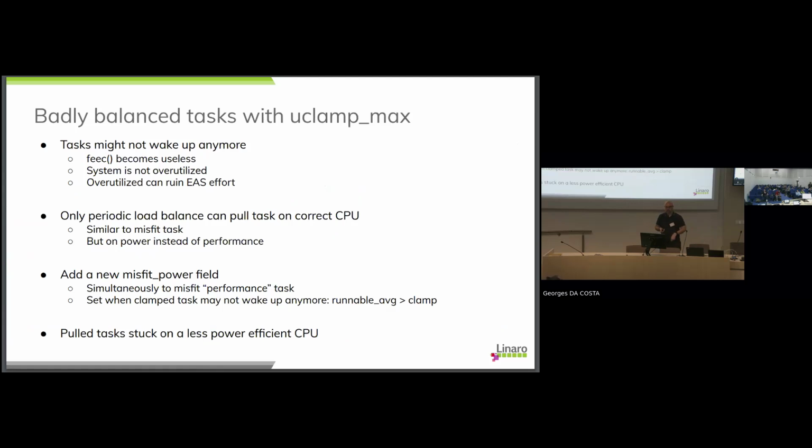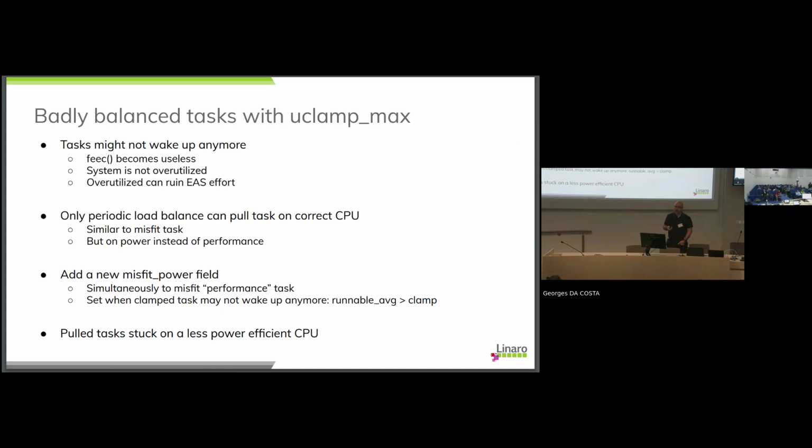Yeah, that's another thing. But the last thing is that with uclamp max and the fact that we are capping CPU, we have more and more cases where the tasks are not waking up anymore. And in this case, find energy efficient CPU is not called anymore. So the task may remain stuck on the wrong CPU. I mean, you can have made a good decision 1 second before, which is no more the case now.